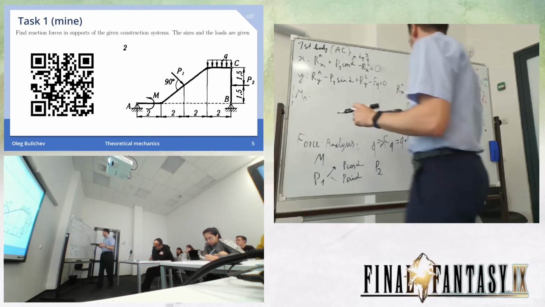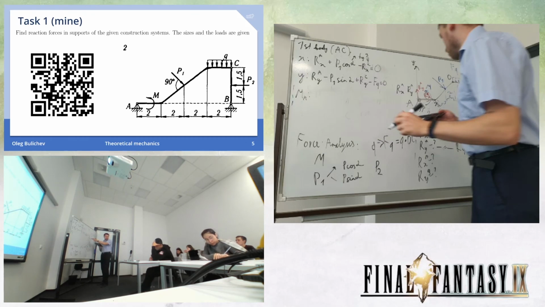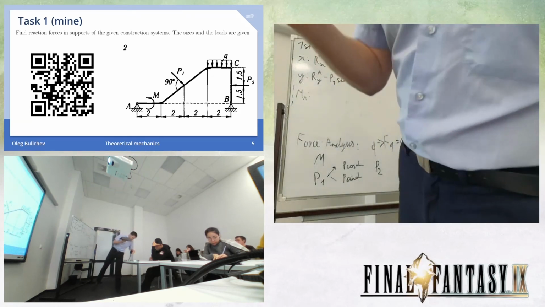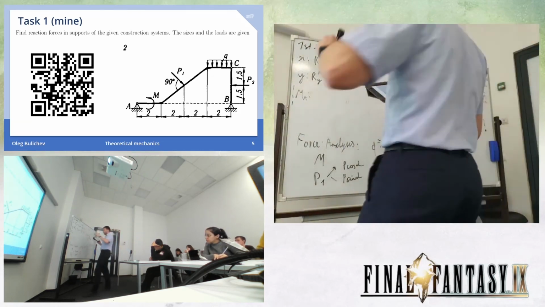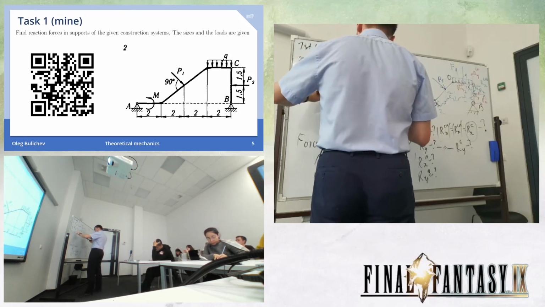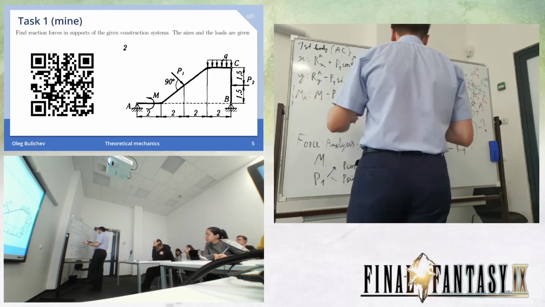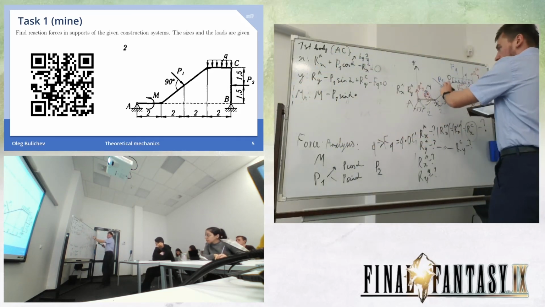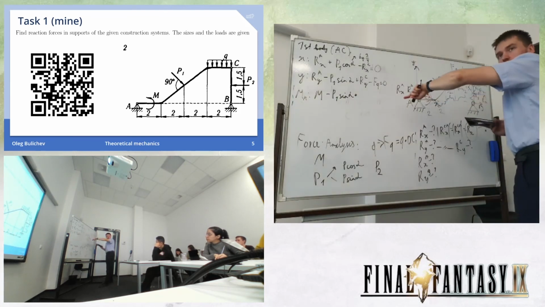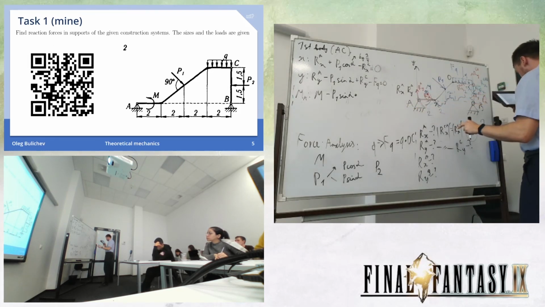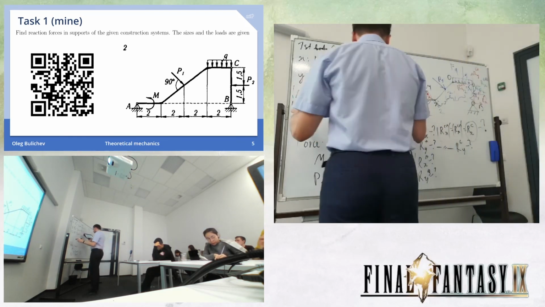I chose point M because in this case we are eliminating most of the reaction forces. Multiply by 3, it rotates clockwise, so minus 2. Actually, I made a mistake, it should not be 3, but 4, only 4.